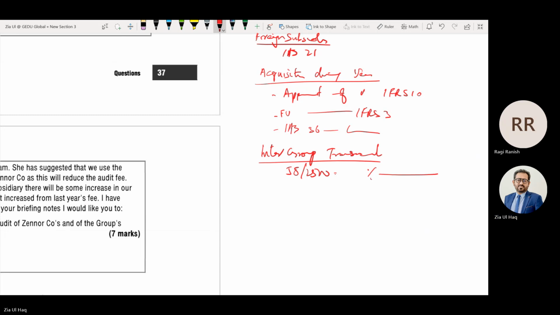For IFRS 10, unrealized profit relating to unsold inventory involved in intergroup transactions at year end must be eliminated at consolidation. If unrealized profit is not eliminated, chances are that inventory and profit could be overstated.